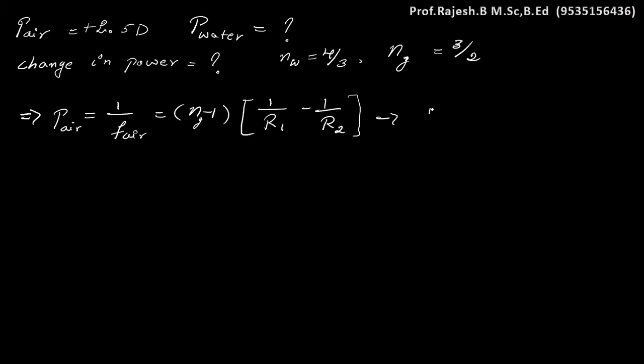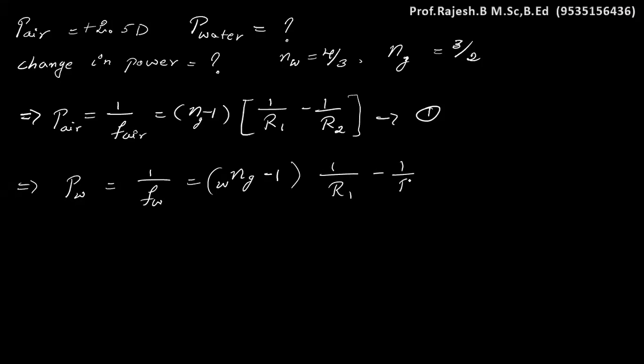We can take it as equation 1, and second, power in water. The focal length changes in water, and in water, the refractive index of glass with respect to water we have to take. The lens radius of curvature never changes.